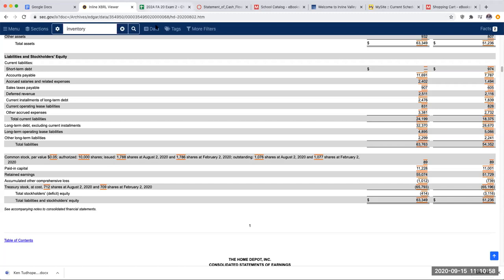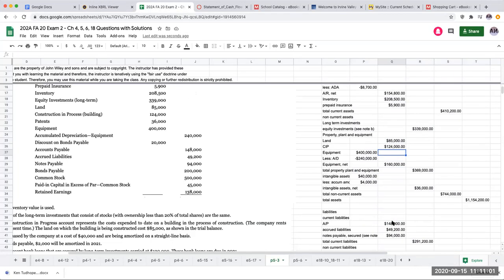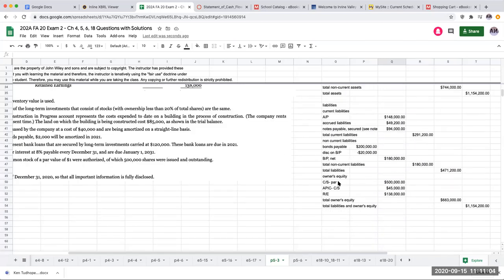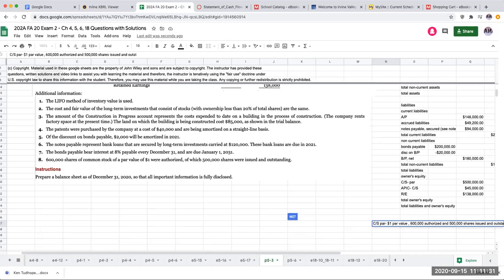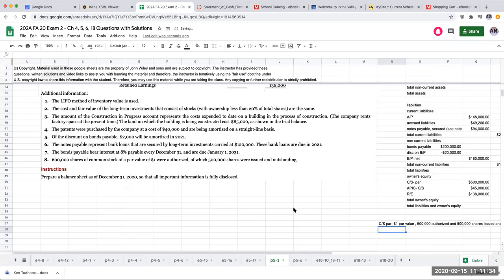So to really do this properly, kind of what your book is showing, this common stock at par would really be: common stock, $1 par value, 600,000 shares authorized, and 500,000 shares issued and outstanding. Okay, so all those things right over here, that's how I would go through and take a look at that.